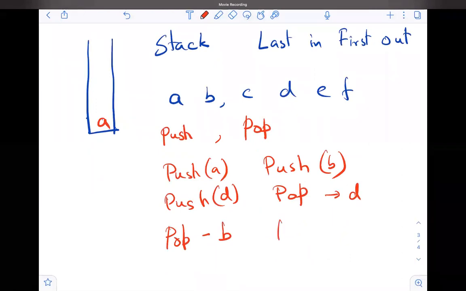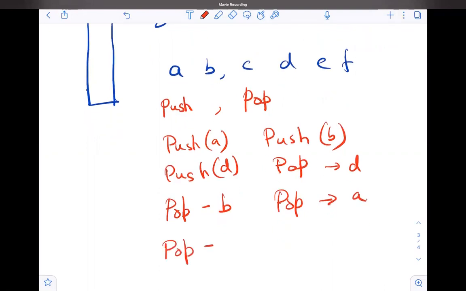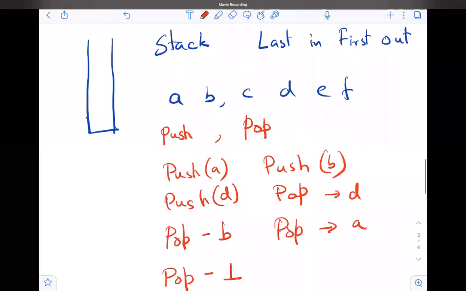When I pop again, I get A, and it is removed. If at this point I do another pop, the stack is empty, so I should get some kind of empty symbol, saying there's nothing else in the stack. It's like a stack of books: you can only put things on top, and to take them out you have to take the topmost first.